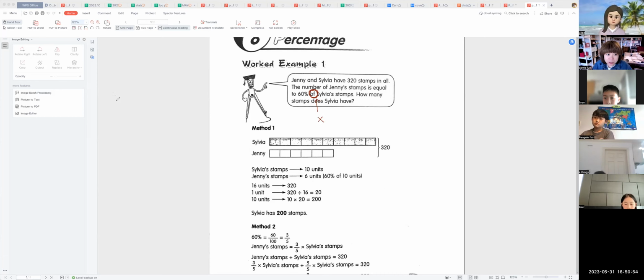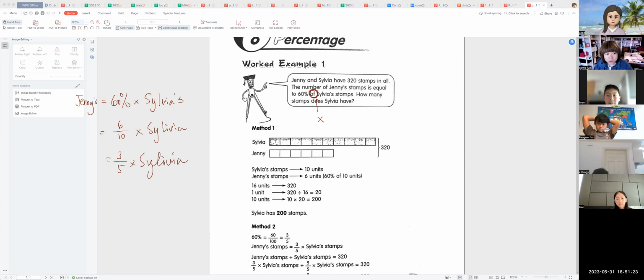Good job. So 60%. So Jenny's stamps equals 60% of Sylvia's stamps. So 60% times Sylvia's. Correct, everybody? So that means, AKA, 6/10 times Sylvia's, and also equals 3/5 times Sylvia's.